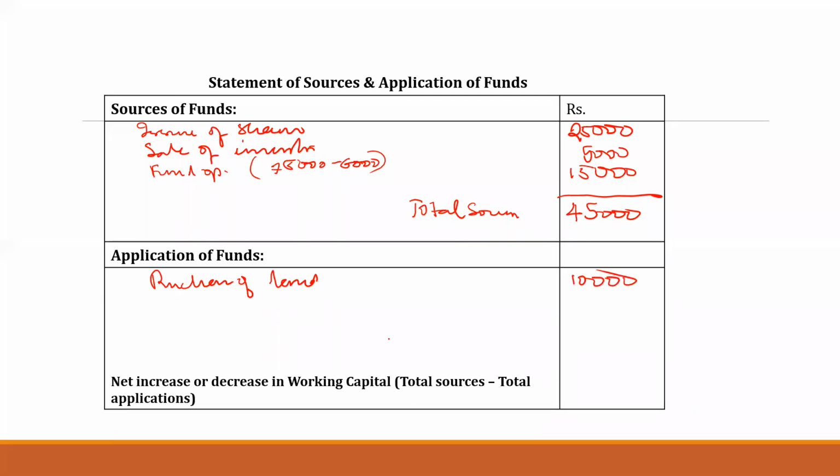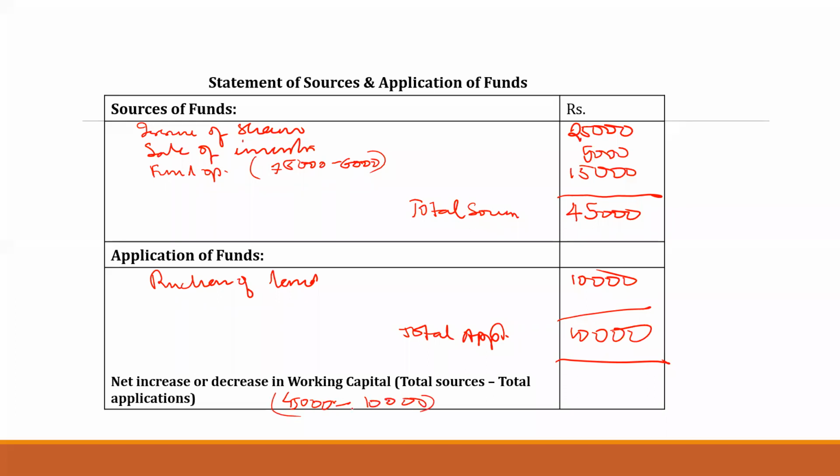Any other application? There is nothing, right? Total application, how much? 10,000. So is it an increase or decrease? Increase. Total sources minus total applications: 45,000 minus 10,000 is 35,000.